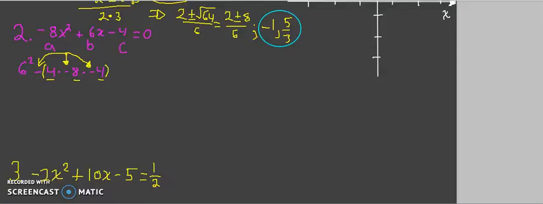So then we would get 6², which is 36, minus, actually, let's just keep this negative out here, 4 times 4, which is 16, times 8, which is 128.